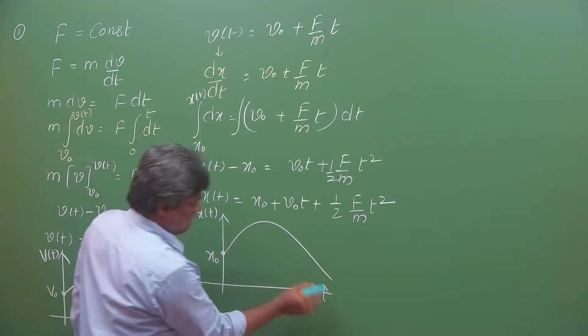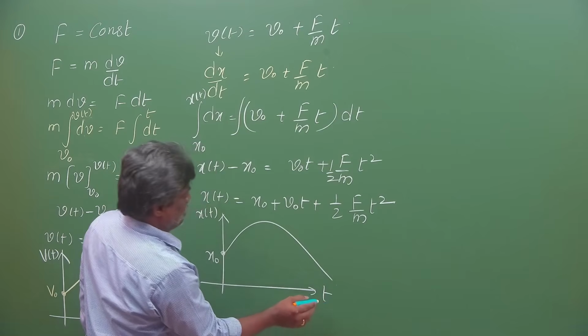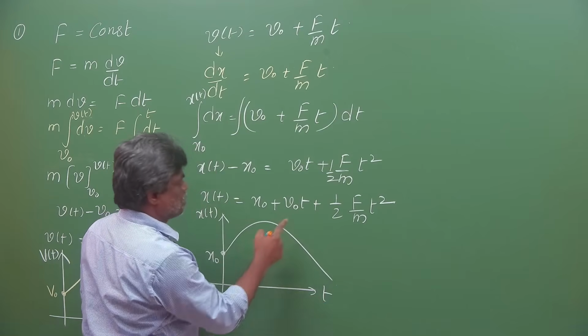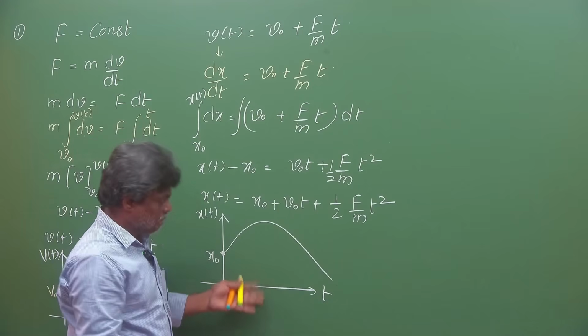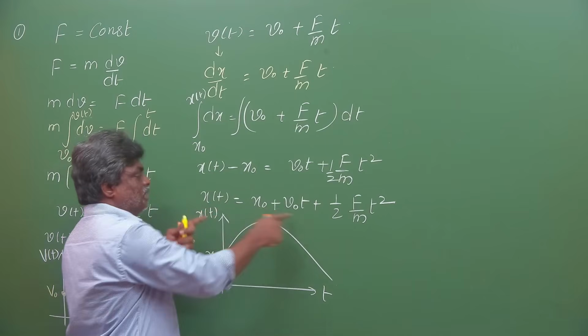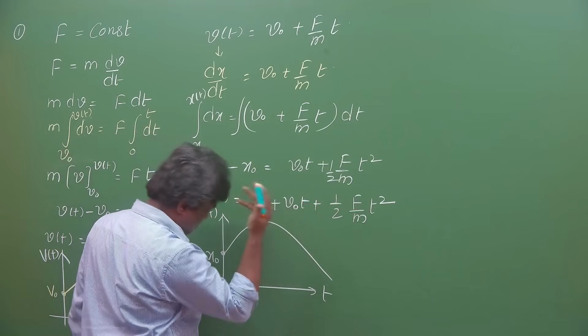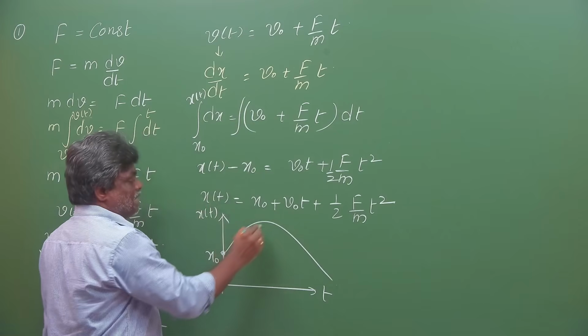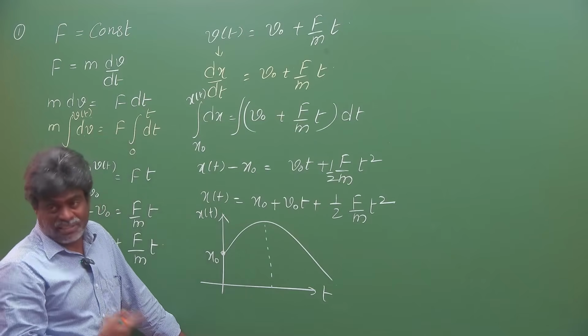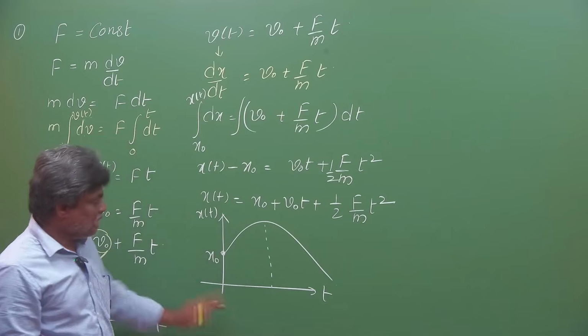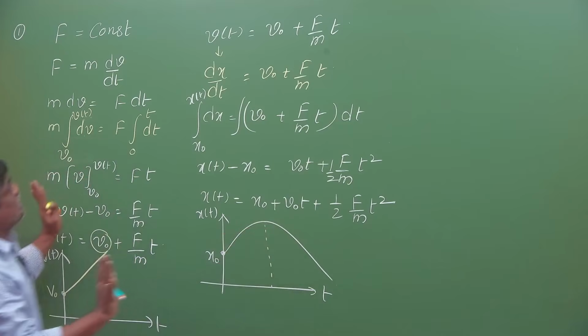Somewhere it may also be 0. Is it possible to get 0? Why not? At a particular time, if you set it equal to 0, then you will get some time value. Maximum also you will get somewhere. To get the maximum you have to differentiate it. But the curve will be like this. Can you do it?